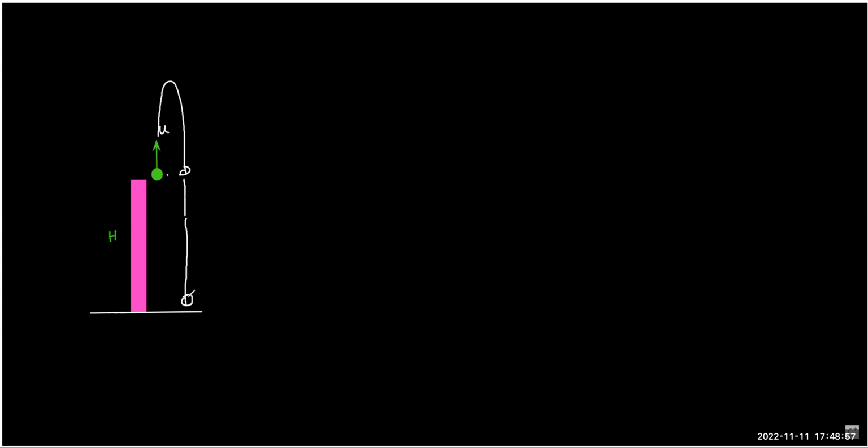So now the time taken to travel from the point of projection till the base will be more than before or same as before? Tell me, guys. The time of flight in this case should be more than before, same as before, or less than before? More.